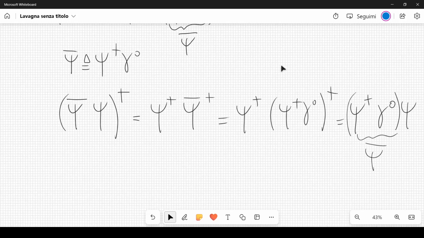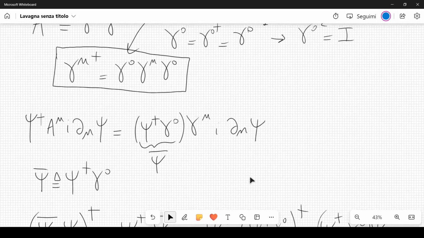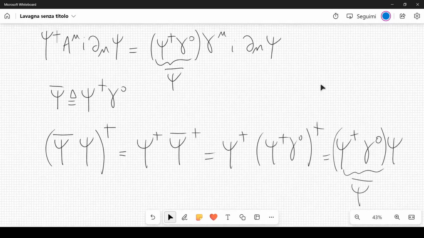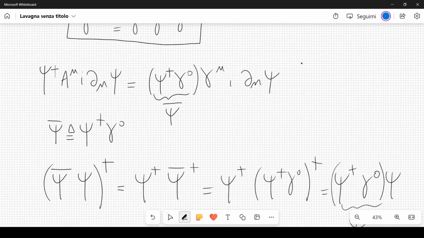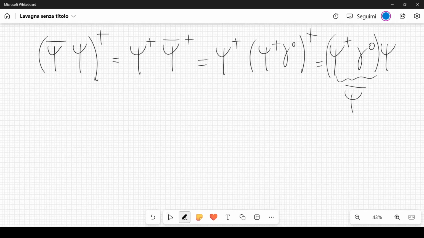And also we proved that the same holds for this, so psi bar i gamma mu del mu psi, basically. Let's consider the following Lagrangian, which is made up of those two invariant quantities. And when I say invariant in this case, I mean with respect to the dagger operator.